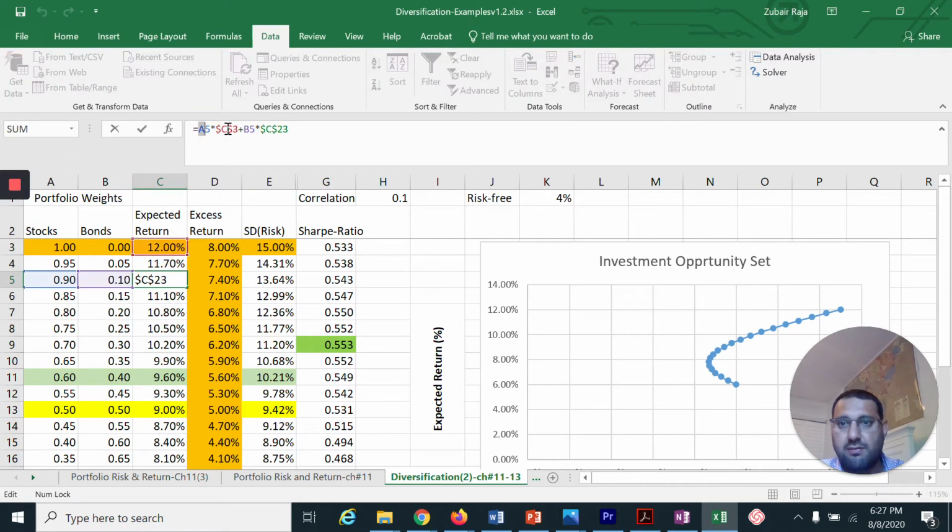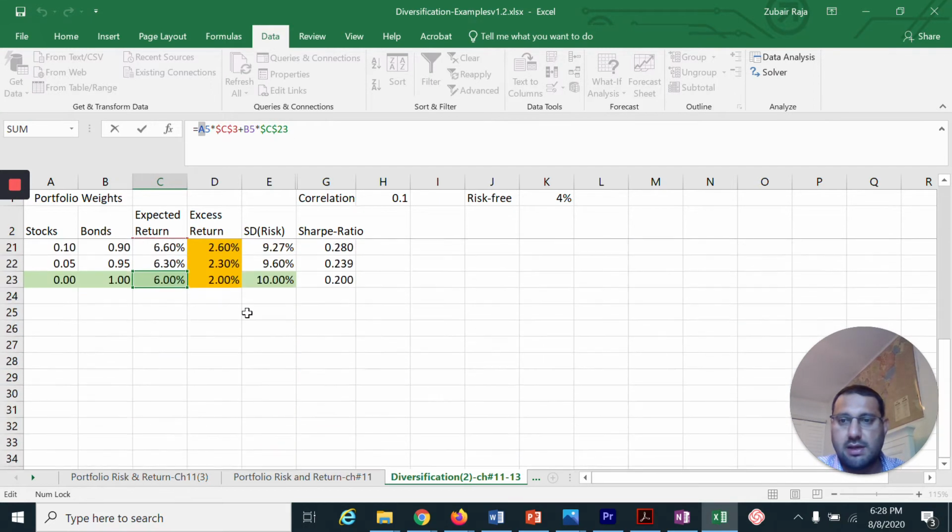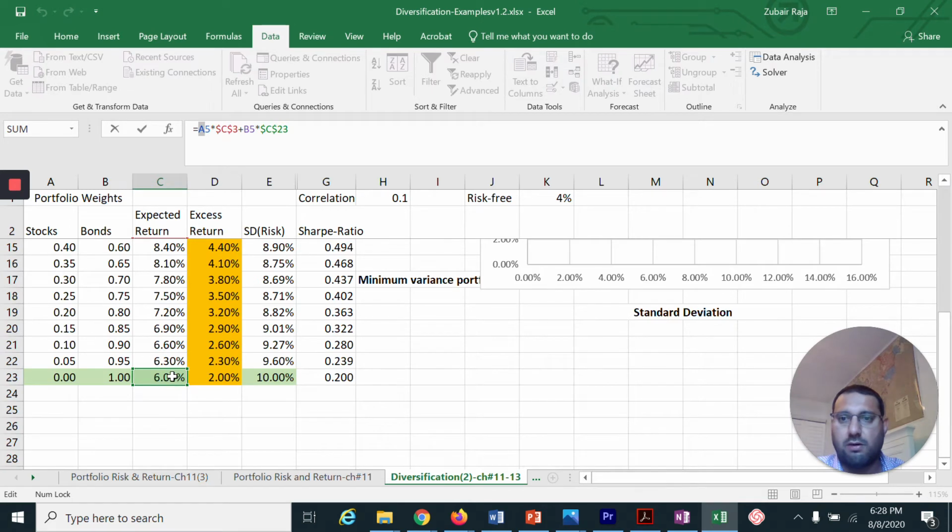So A5 into C3, A5 is the weight in stock multiplied by C3, which is the expected return of the stock fund, plus B5, the weight invested in the bond. Over here it's 10%, 0.1 into C23. So C23 is the expected return of the bond.